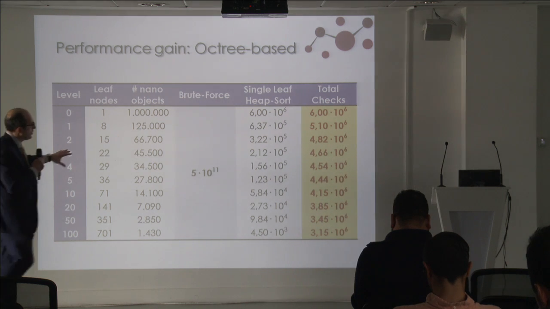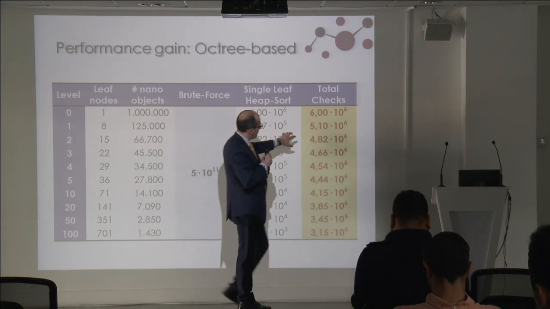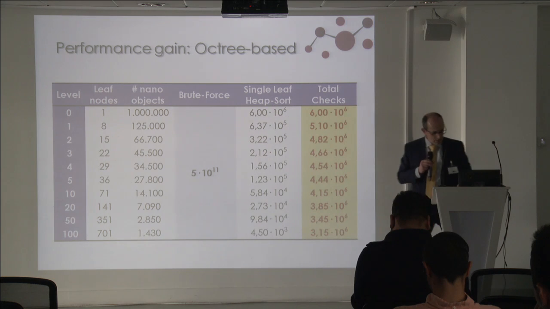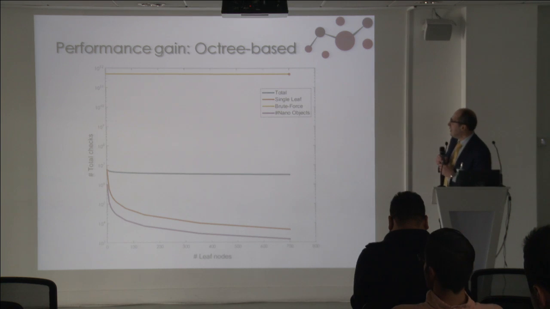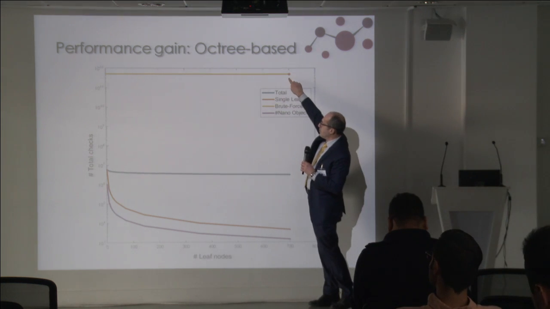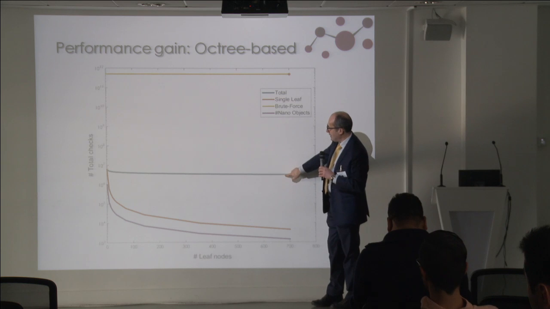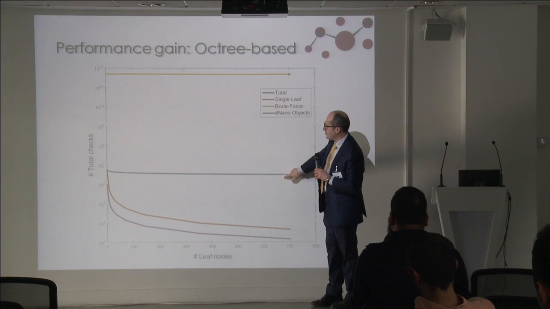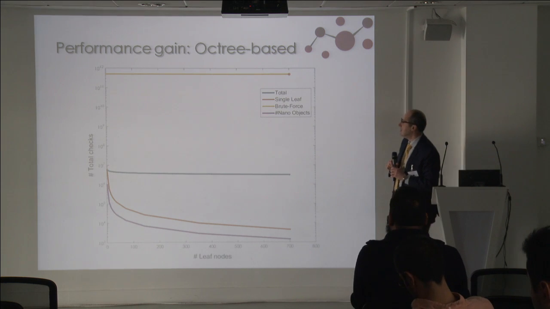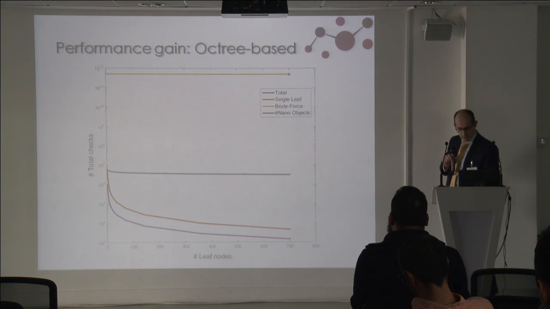So everything is included here, and the performance gain seems to be really, really good. This is a graph representing what I said before. This is the complexity of the brute force approach, and this is the complexity that we obtained, considering all the contributions. So it is the same information we have seen in the table.